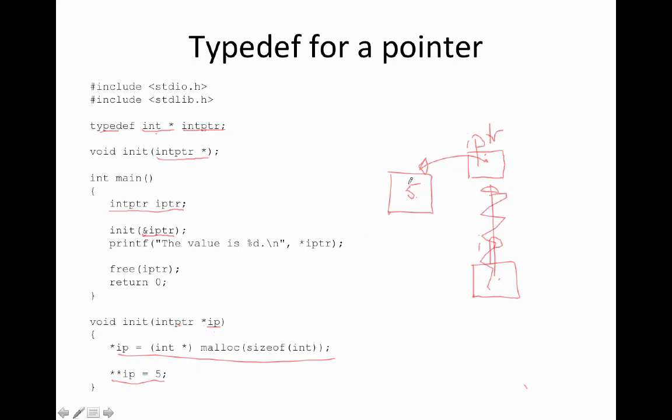So it does exactly the same thing as before, only now the function prototype and the function header look a little bit more like they did before, so we don't have star everywhere. But we do still have to use the dereferencing operator twice to get to the actual value. So that's how we can use the call by reference method to pass a pointer variable to be initialized within a function.